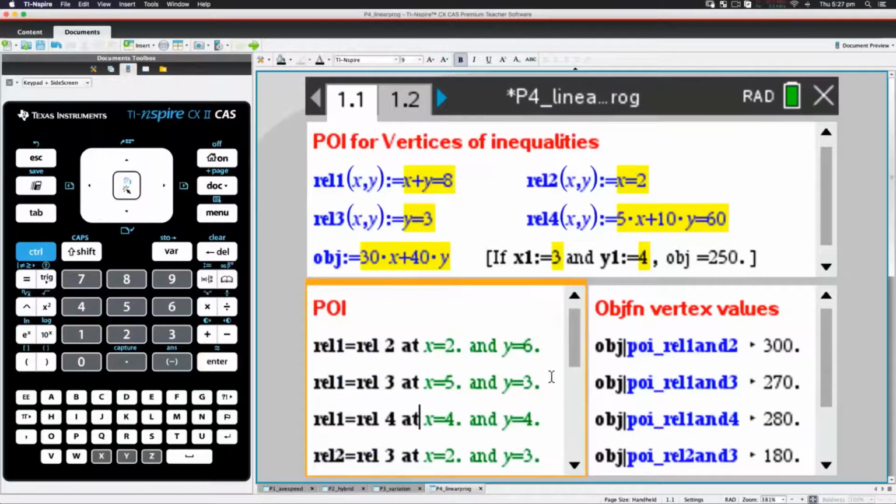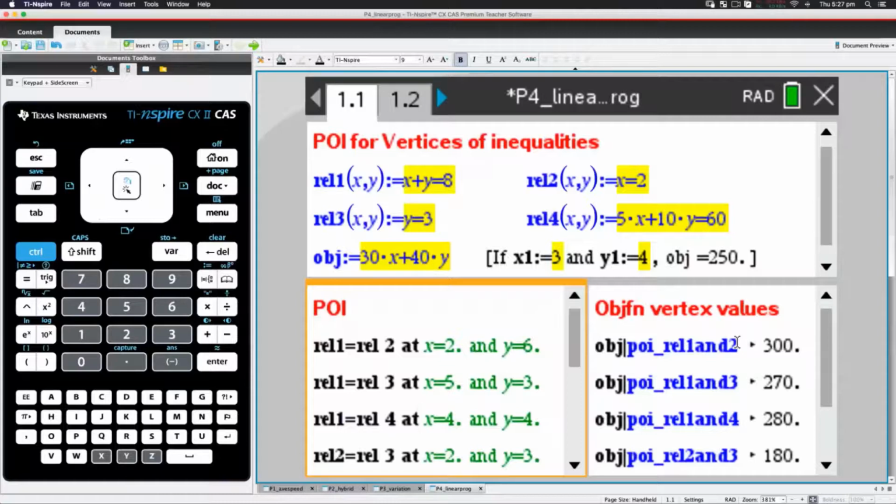Okay. On the right panel on the bottom is the objective function evaluated for those intersections. So you recall, if you're doing this in the module, that you're often interested not just in the coordinates of the vertices of the feasible region, you're also interested in what that means for the objective value, whether it's profit or cost or whatever.